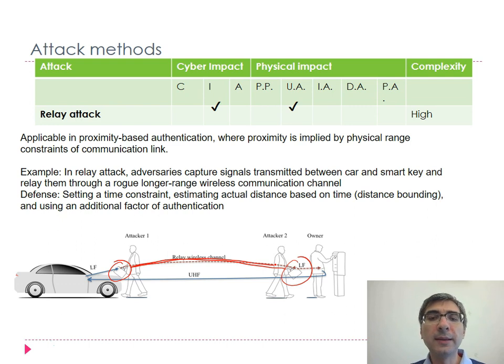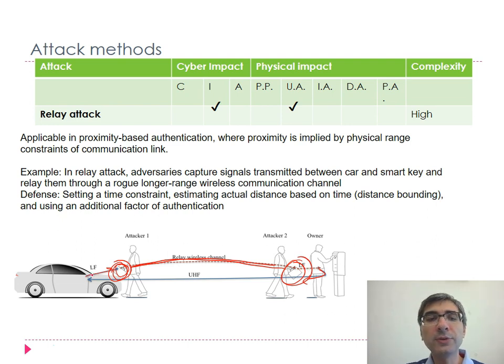And in this way, this information that comes from the car and is meant to go to the key goes to the first attacker's wireless device, which is usually a software-defined radio device, and then that attacker sends it to the second one, to their accomplice, who will relay it to the owner.